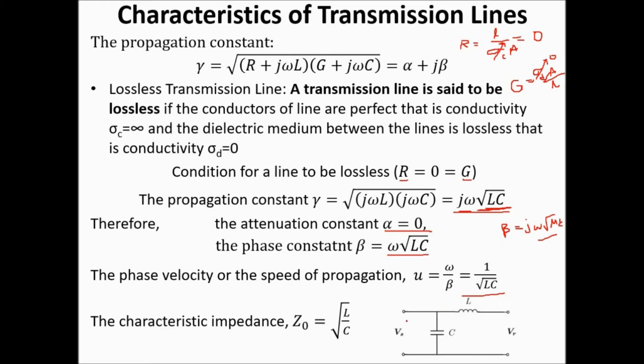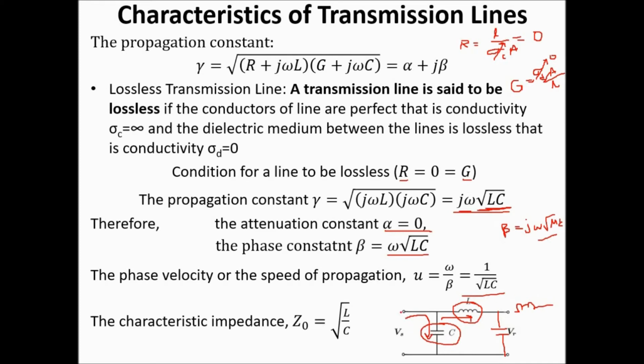Here what is going to happen: the current charges up this capacitor and produces an electrostatic electric field, and then it discharges through this inductor and produces a magnetic field, and then it charges up the next capacitor and discharges through the next inductor. This is the way the electromagnetic signal propagates here.